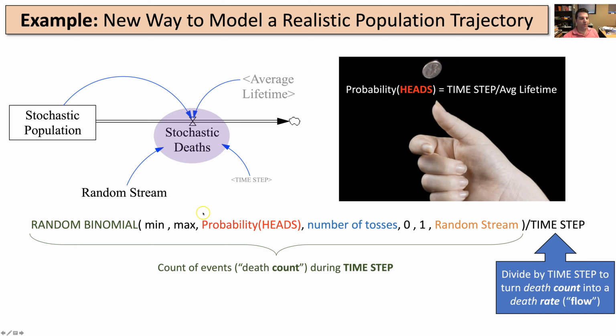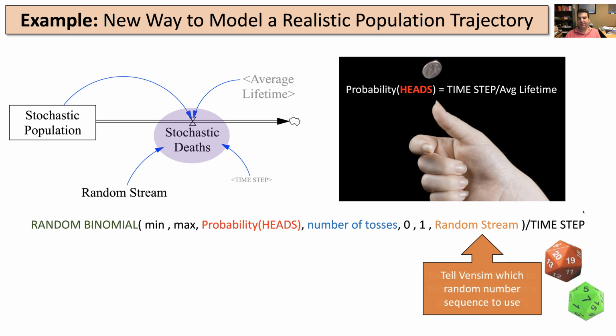We're saying that random binomial is a count of events that occur during a time step, and if we divide that count by time step, that turns it into a flow. We need things to be a flow or a rate in order to put them into Vensim. That's why we've got this weird divided by time step here.